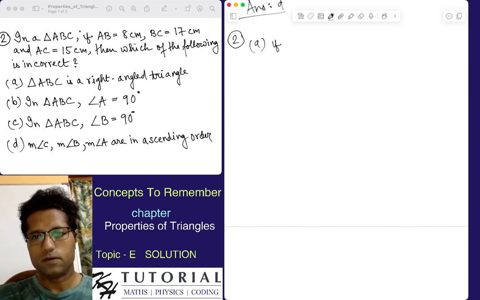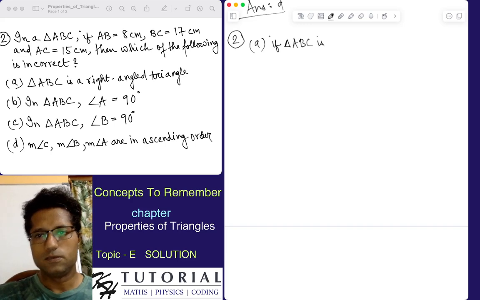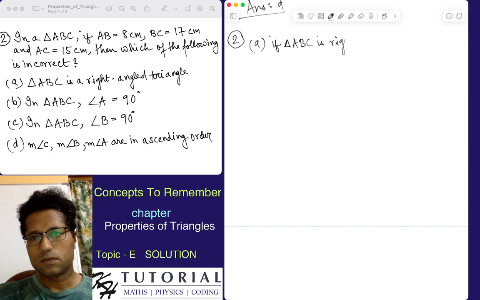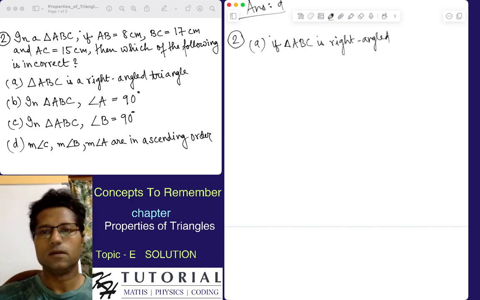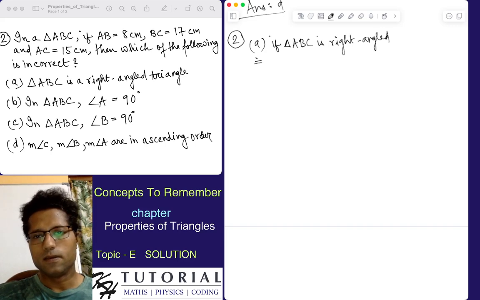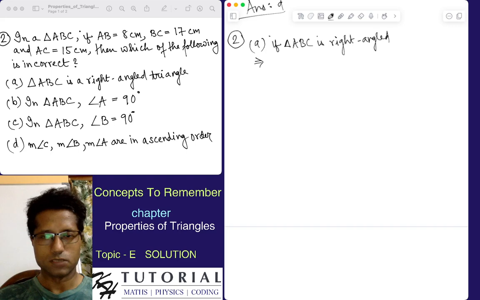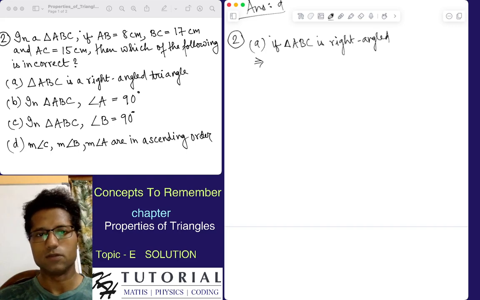So if triangle ABC is right angled, this will imply the hypotenuse square equals the sum of the squares of the lengths of the arms.